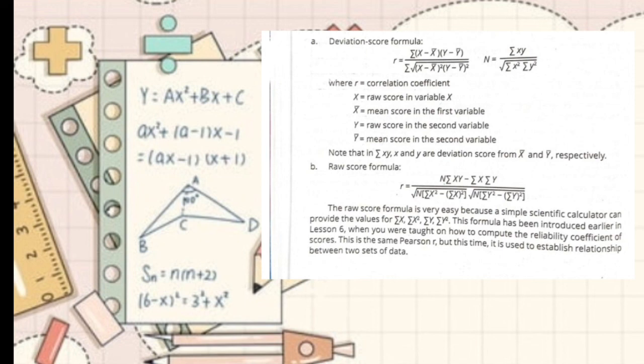Hence, the commonly used statistical analysis is the Pearson product moment correlation.